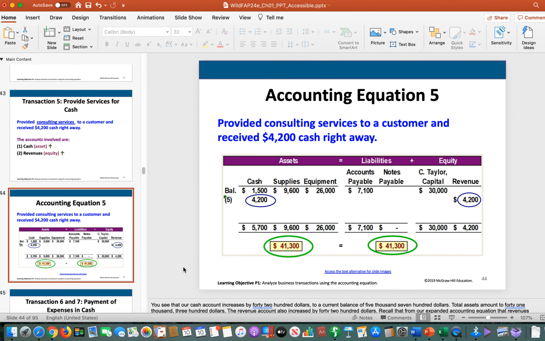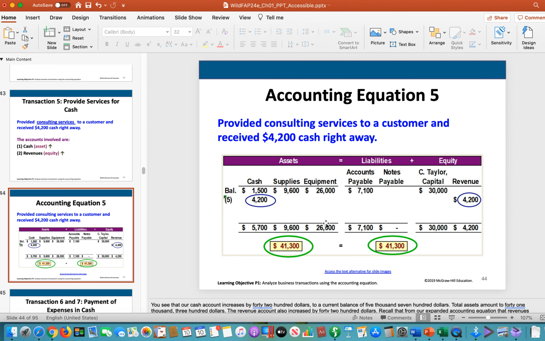So notice this. Cash went up $4,200, and so did revenue. And revenue is part of equity. So $30,000 plus $4,200 plus $7,100 is $41,300.